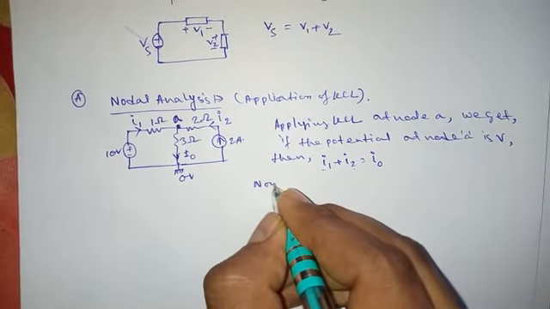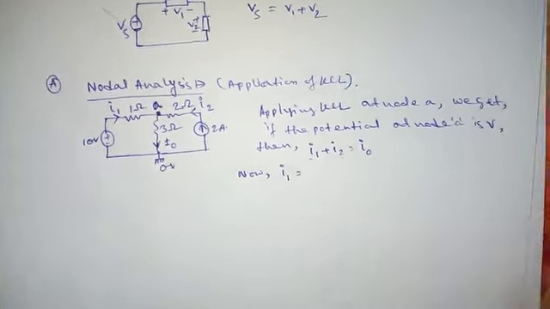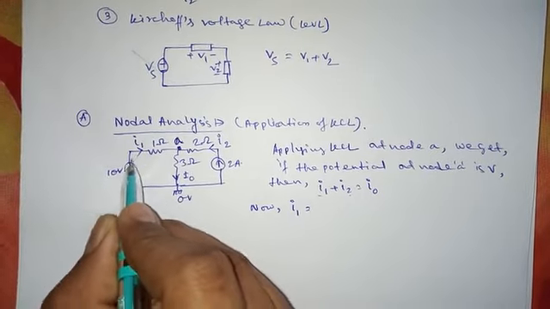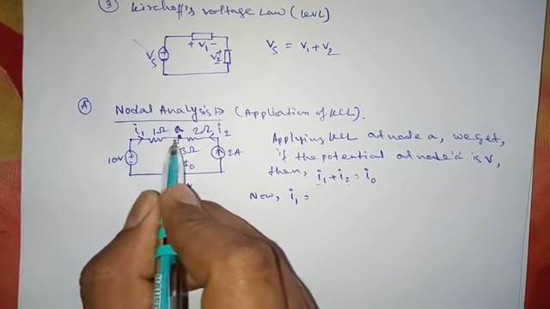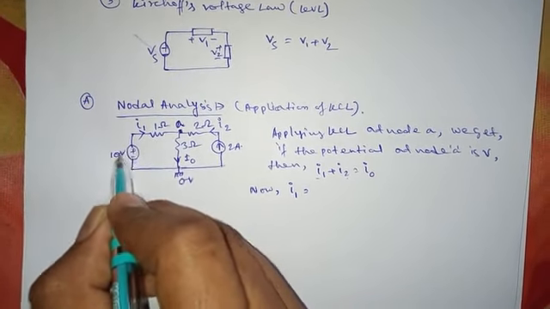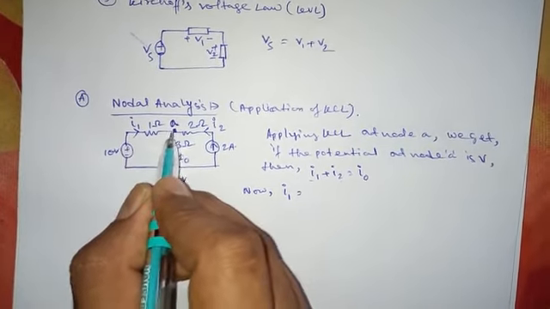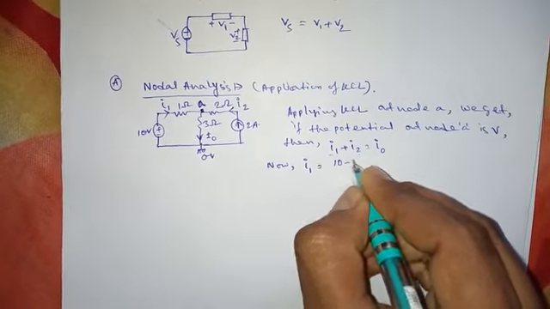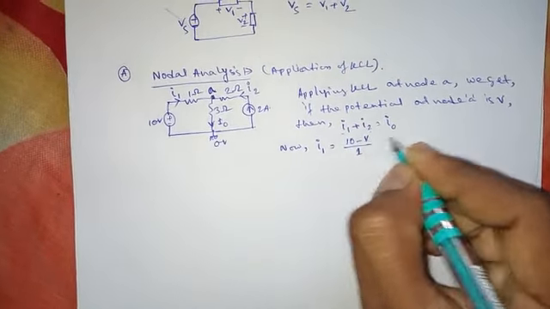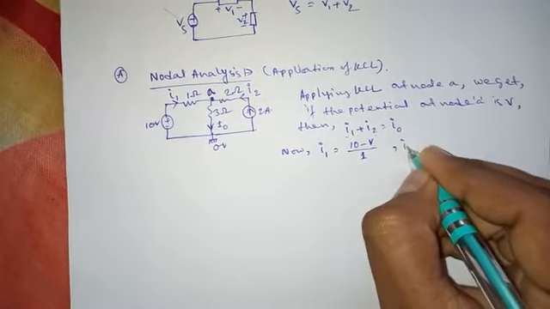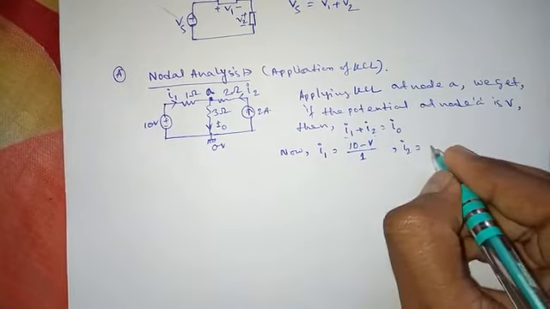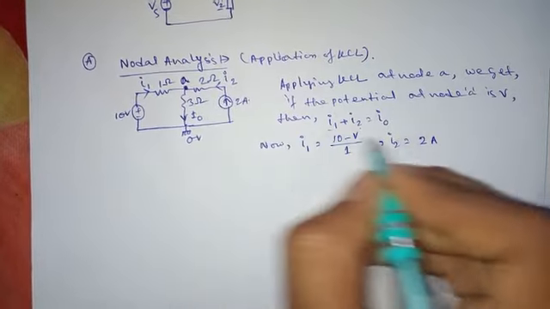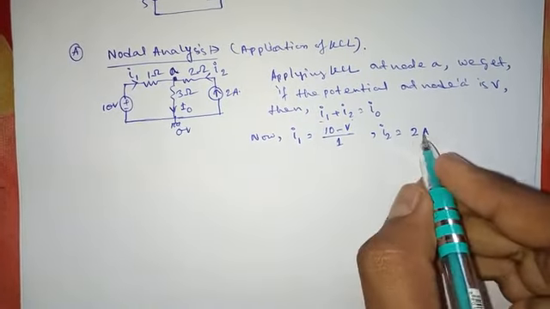Now, as I1 is flowing from the 10 volt source to node A, that means the 10 volt potential is greater than the potential of node A. So I1 equals (10 minus V) by 1, and I2 is the source current, as the 2 ohm resistance is in series with the current source, so I2 will also be 2 ampere.